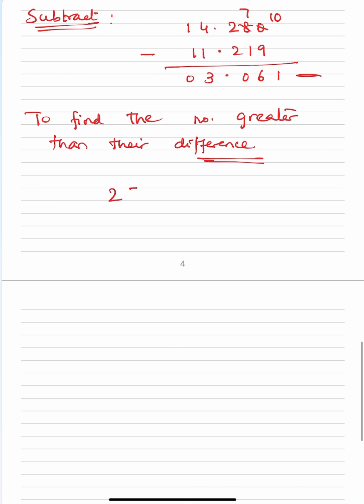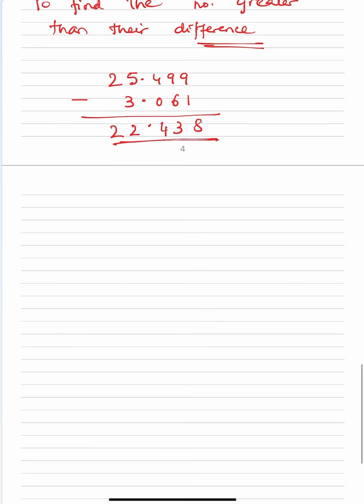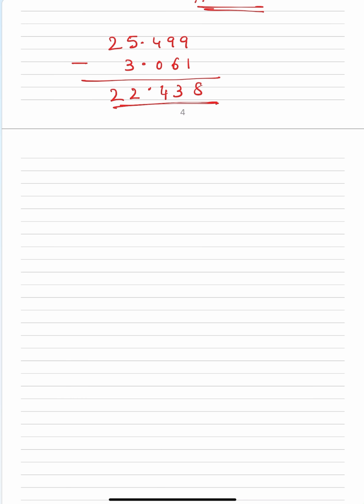So let me write 25.499 minus 160.3. Okay. So 9 minus 1, 8. 9 minus 6, 3. 4 minus 0 is 4. 5 minus 3, 2 and 2. So their sum is greater than their difference by 22.438.